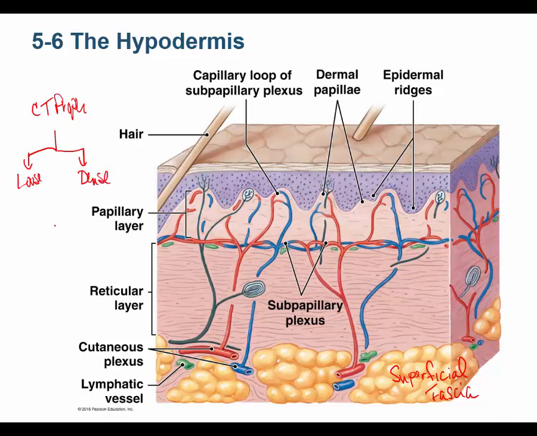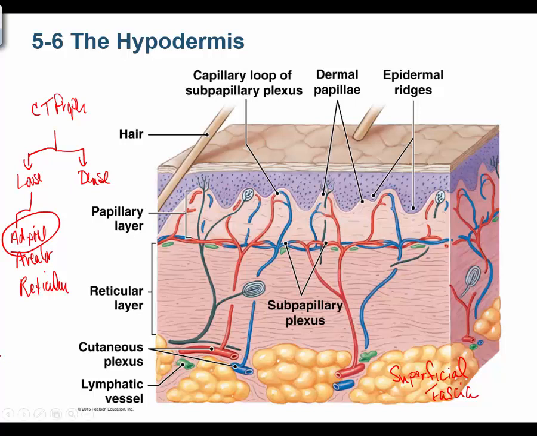Since adipose is towards the loose side, underneath that we had adipose, areolar, and reticular. And what we're talking about here is adipose: the fat cells, the adipocytes, are the primary connective tissue in the hypodermis. All right, so that's where we're at.